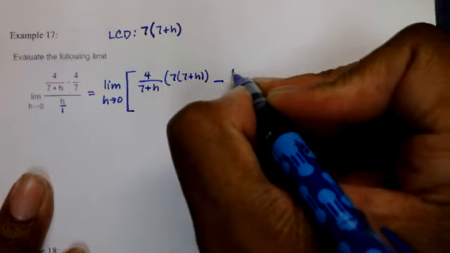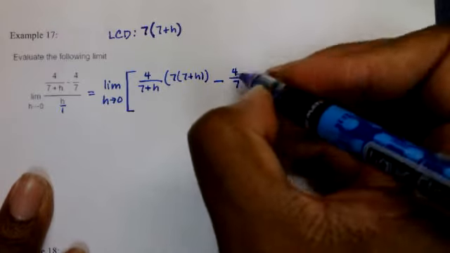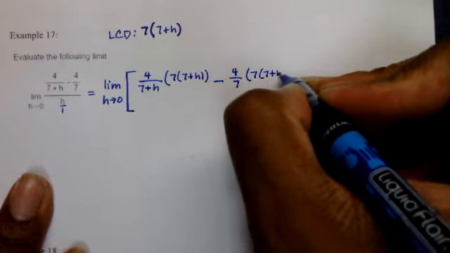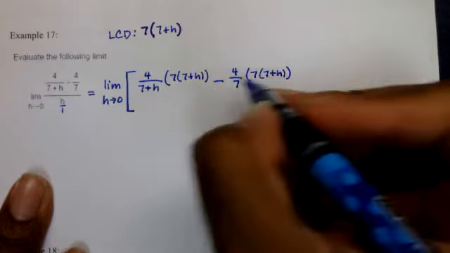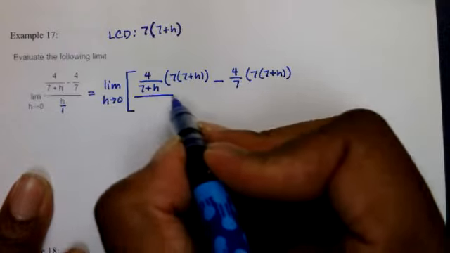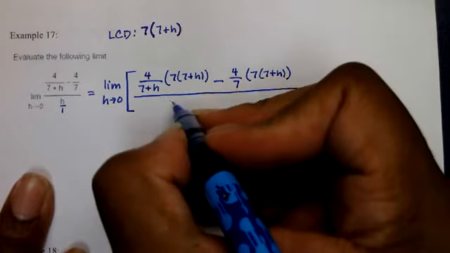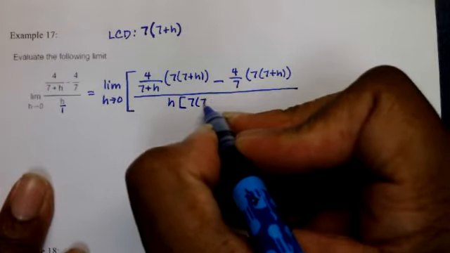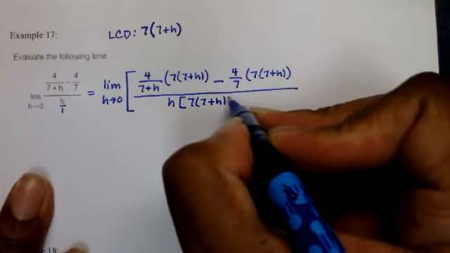And then minus 4 over 7 is going to be multiplied by 7 times 7 plus h. And the h itself would be multiplied by 7 times 7 plus h.